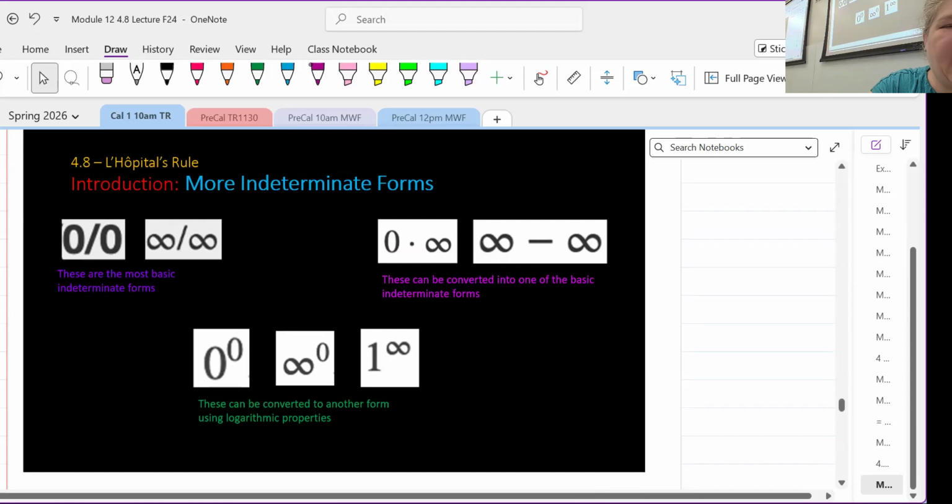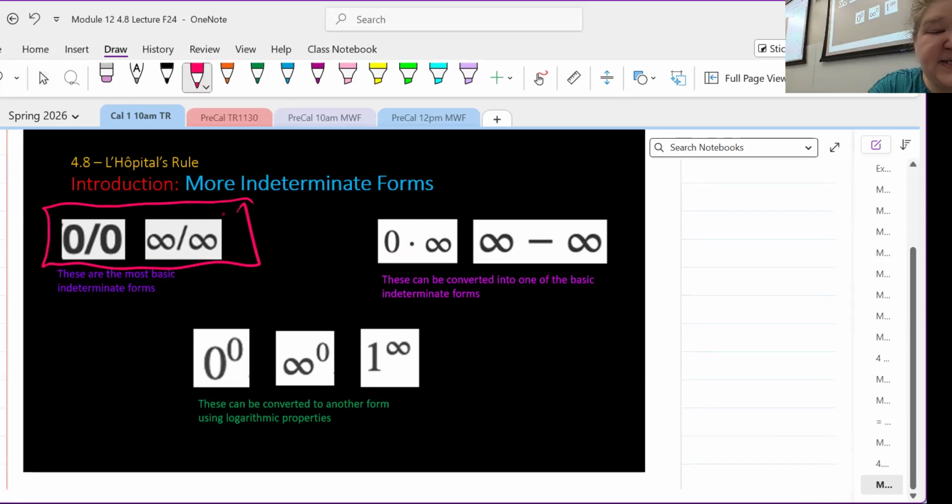All right, so we have our most basic indeterminate forms. If I get 0 over 0 or infinity over infinity, straight away I can use L'Hopital's rule on my fraction as is. If I get weird forms, like 0 times infinity or infinity minus infinity, I got to do some algebra manipulation, and then I can get it to look like 0 over 0 or infinity over infinity.